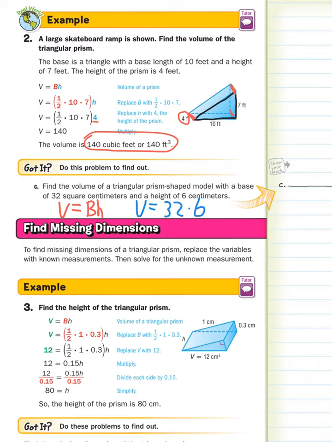Okay? So multiply 32 times 6. I'll do a little bit of mental math here. I know 30 times 6 is 180. 2 times 6 is 12. 180 plus 12 is 192 cubic centimeters because it's volume. All right. So, don't panic.